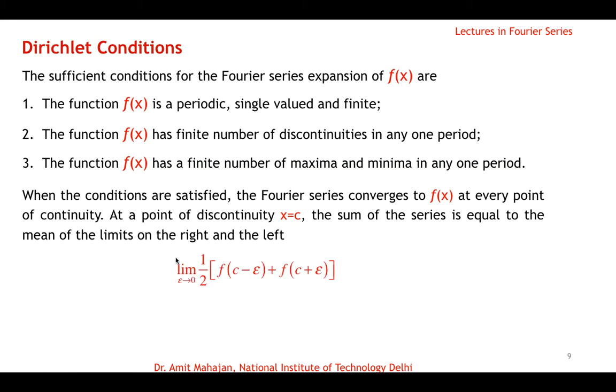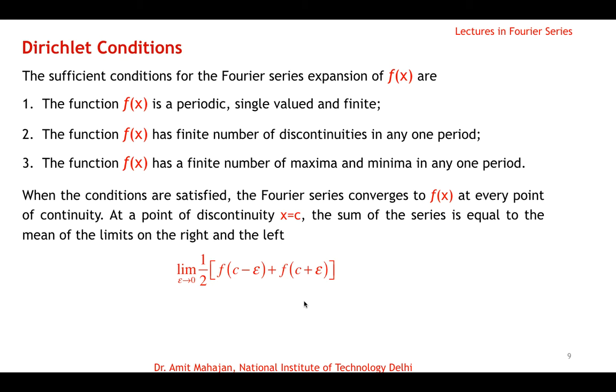Because when epsilon goes to 0, f of c minus epsilon is the value of the function from the left, and f of c plus epsilon is the value of the function from the right. Their sum divided by 2 is the average value at the point of jump discontinuity.